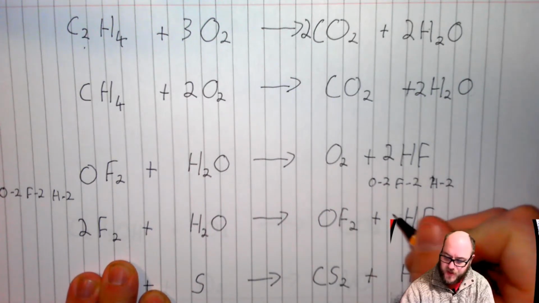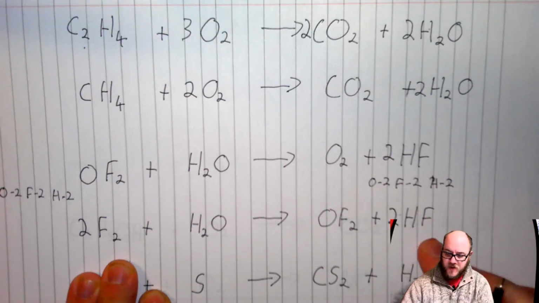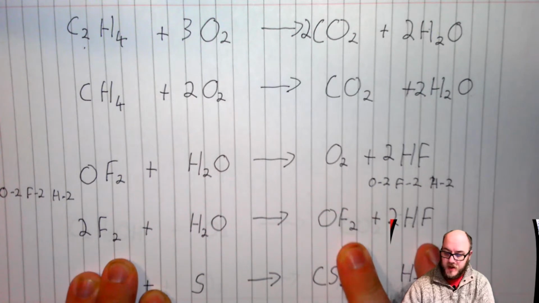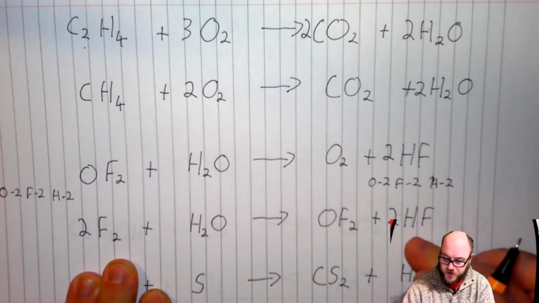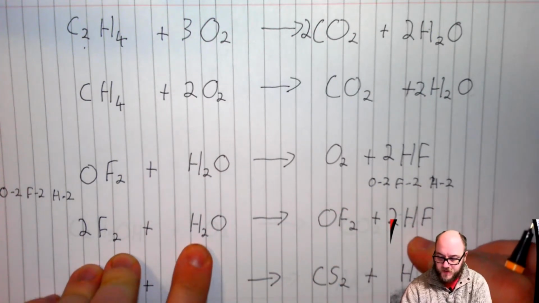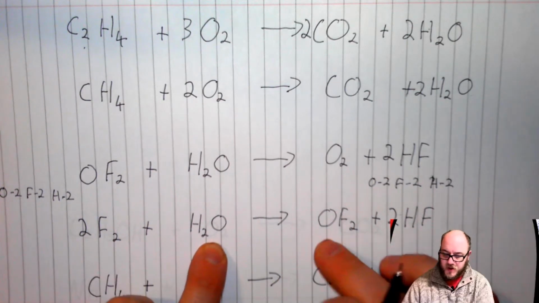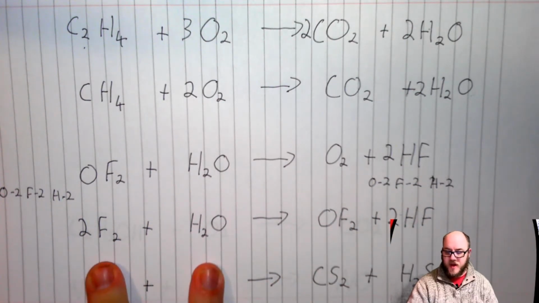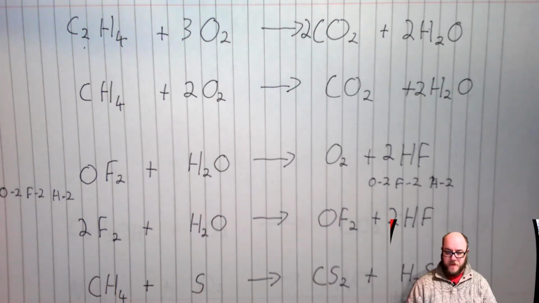But if I multiply this by 2, I've now got 2 fluorines plus 2 fluorines, I have 4 fluorines. So I've now got 2 hydrogens, which matches this, and I have 1 oxygen, which matches that. So my job is finished. I have the same elements here as I do here.